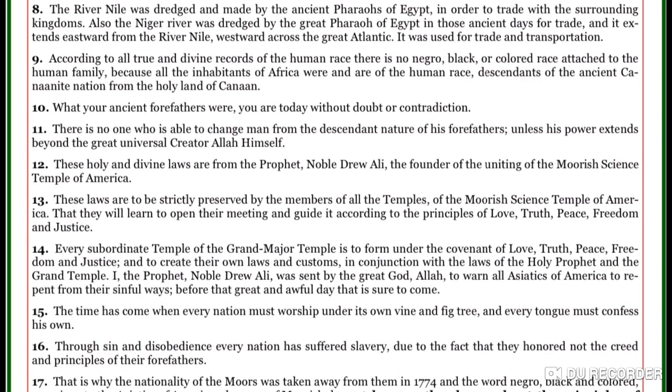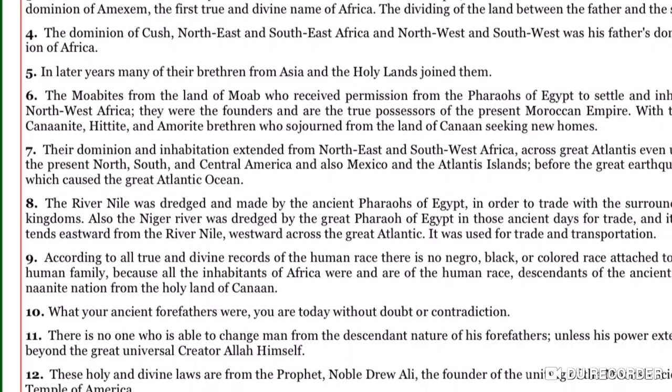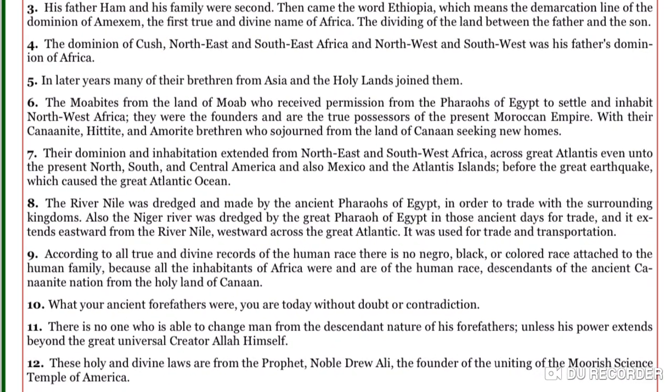It extended eastward from the Nile River westward across the Great Atlantic. It was used for trade and transportation. According to all true and divine records of the human race, there is no Negro, black, and colored race attached to the human family. And he's using biblical names because, excuse me, within the realm of English, that's what holds the records.